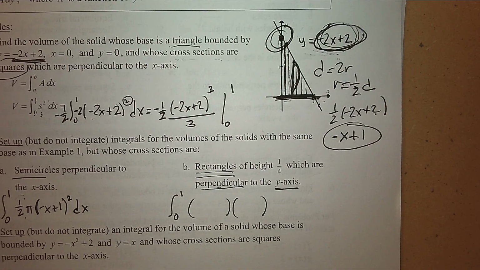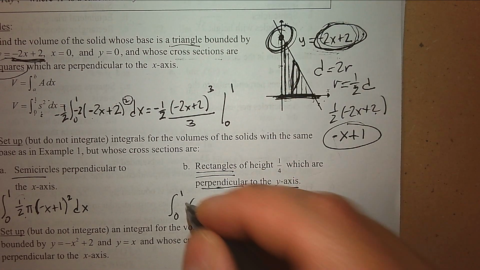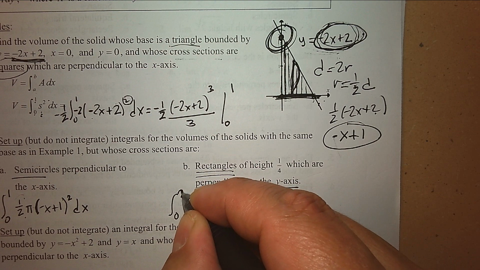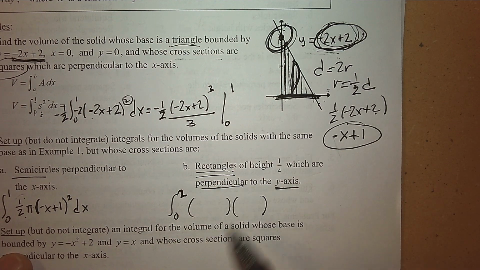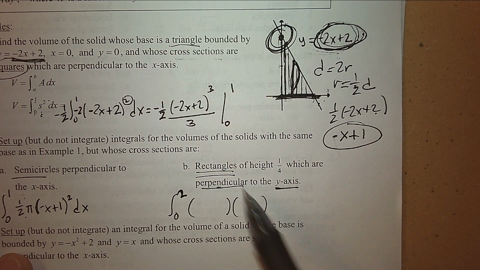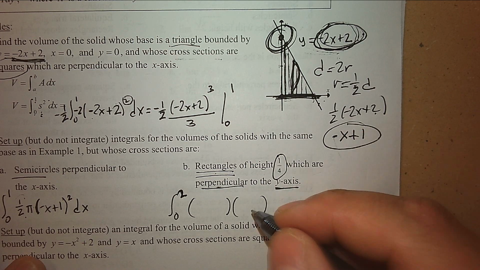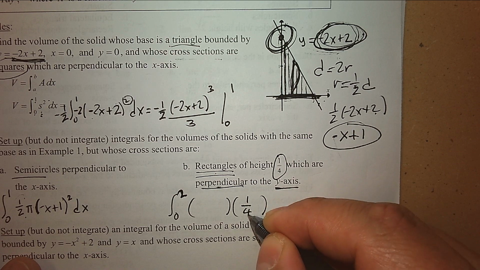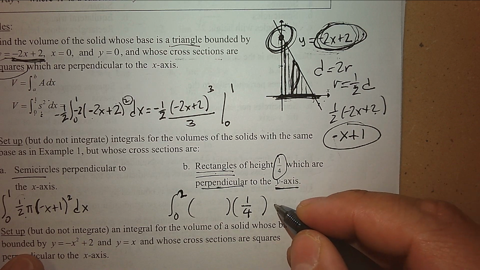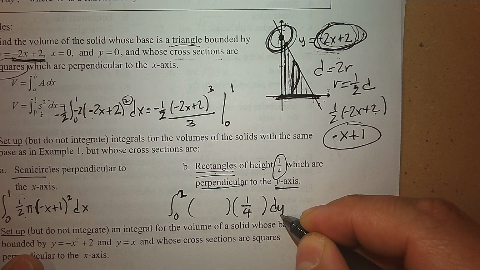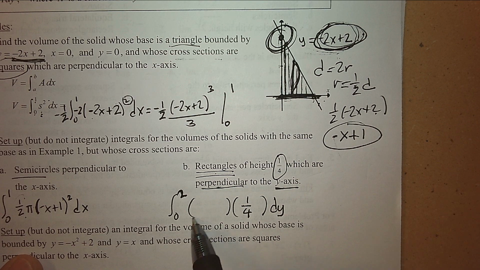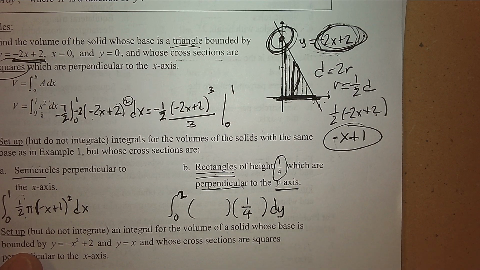What's the y value way up there? So it goes from 0 to 2, and these are going to be y values. It says the rectangles have height. What's the height of each rectangle? So that means one of these parentheses is simply going to be what? 1/4. This is in terms of d what again? dy. And then what goes here is what the base is.